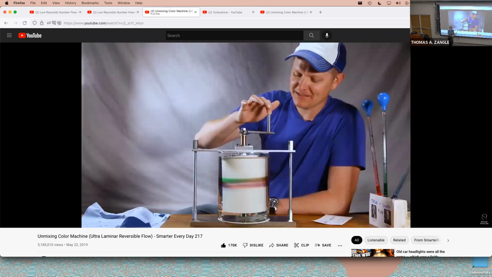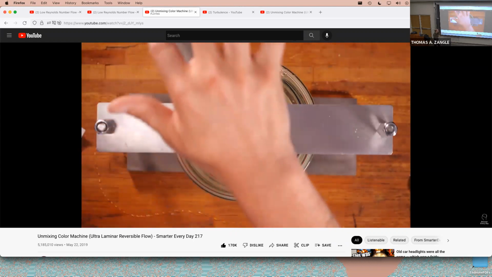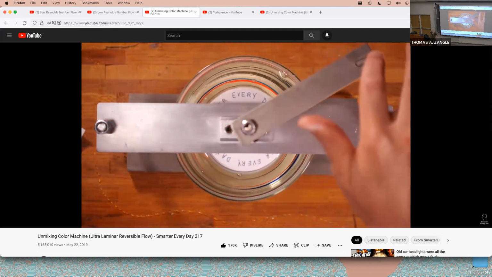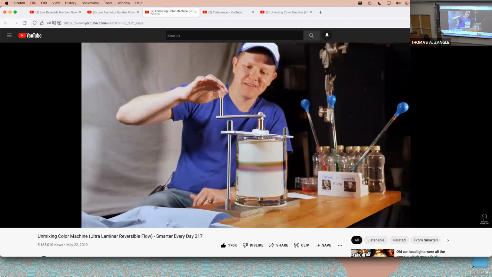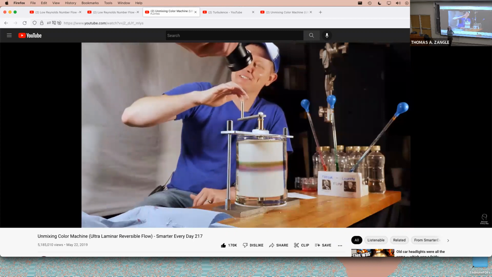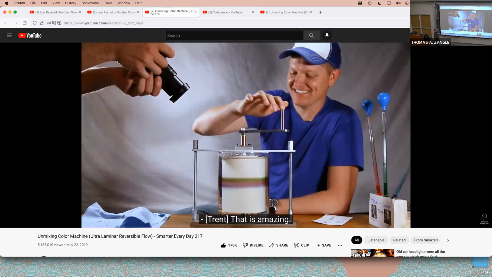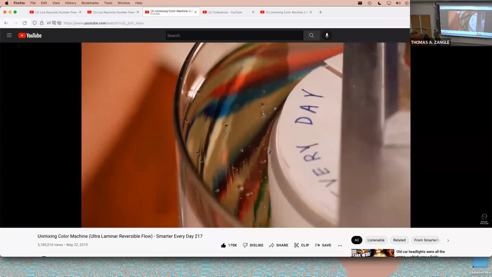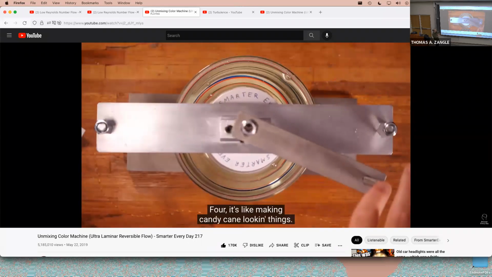So you start and stop, you go backwards a little bit, and you just get this thing back. Three. Is your heart pounding? Can you see the spiral then? Or it's like making candy cane looking things.